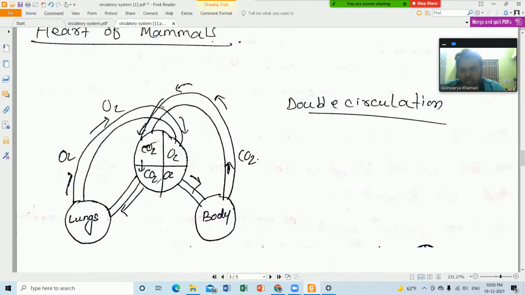Now we will look into the mammalian heart, that is the double circulation, in the case of human beings. First, from the body, the deoxygenated blood comes to the right auricle, and from the right auricle to the right ventricle.